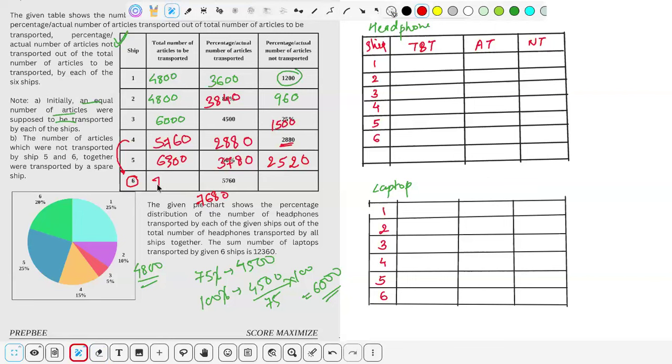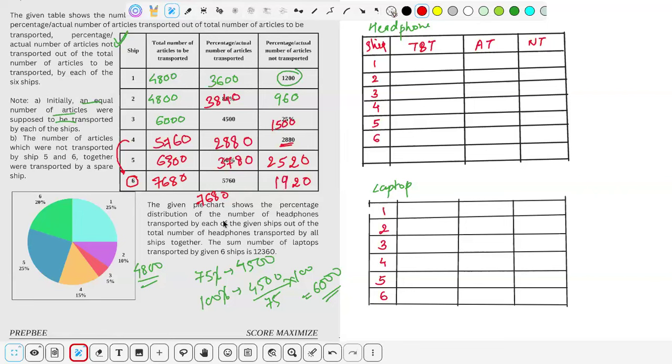There is my pen. 7680. Here 5760 is already transported. What left? Simply subtract it. यहाँ पे आ जाएगा आपका 1920.